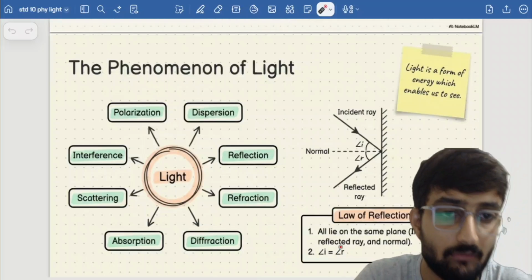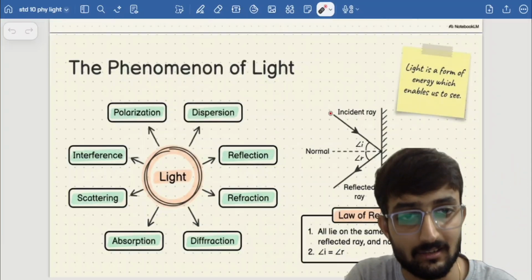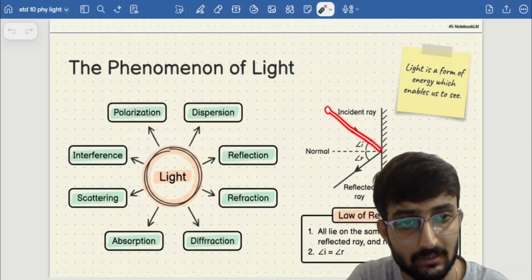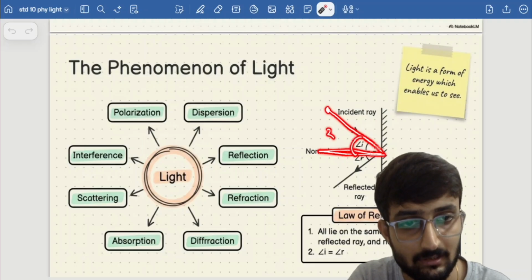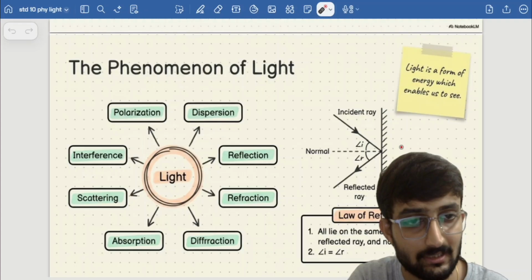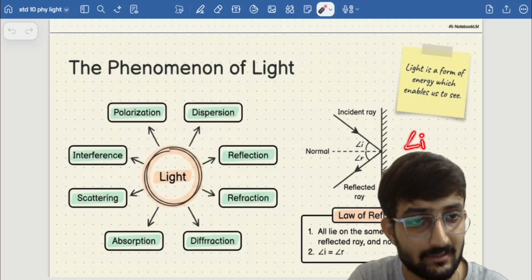So if I start the laser light from here, making an angle of 30 degrees with the normal, then indirectly I told that the angle of incidence is equal to 30.